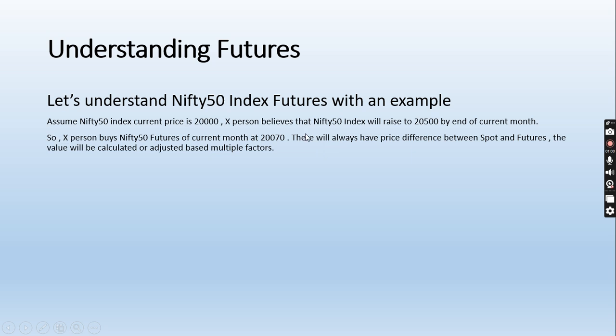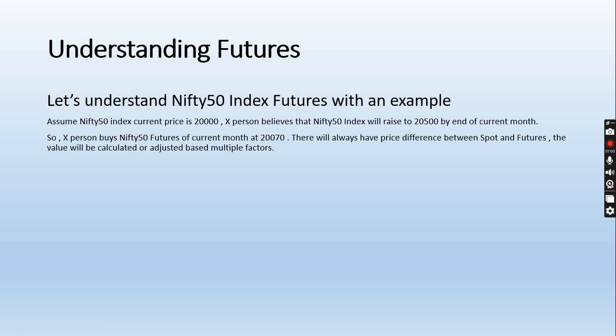This difference will always be there. It is not just for this month or next month. There will always be a difference between the spot price and the futures price, but it may be positive or negative. In this scenario, it is plus 70 rupees, but there are scenarios where the futures value might be lower than the spot price. How this value is evaluated is a complex formula.